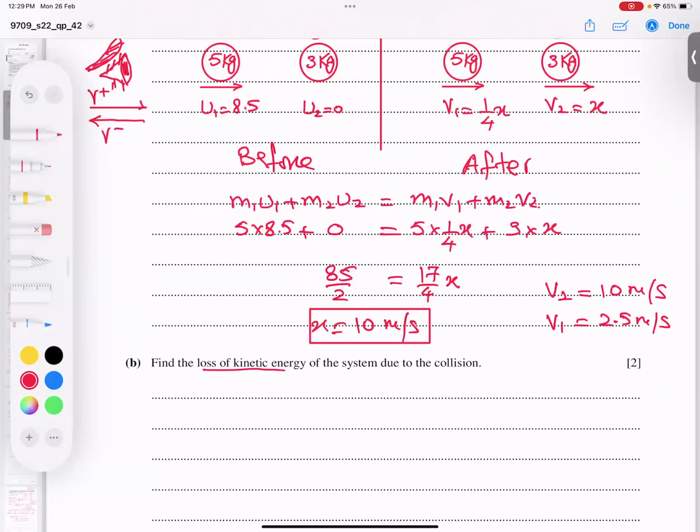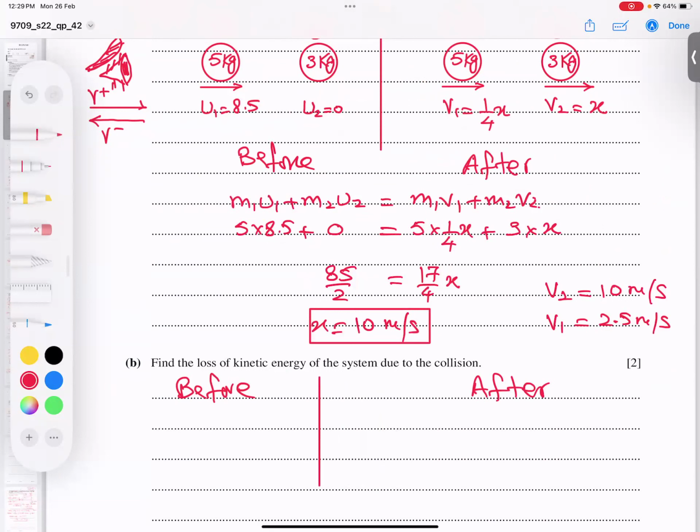He said loss in kinetic energy of the whole system. So I will find two kinetic energies. First of all, kinetic energy before collision, and I'm writing this here after collision. Okay, so I will drag this slightly to the left side.